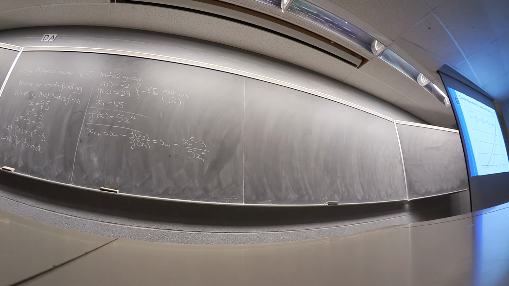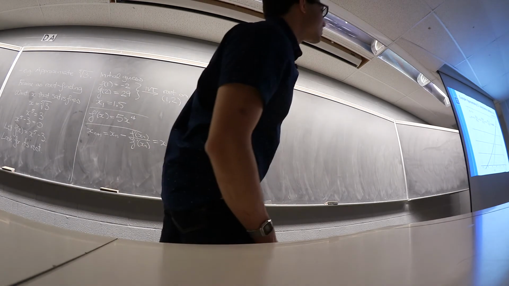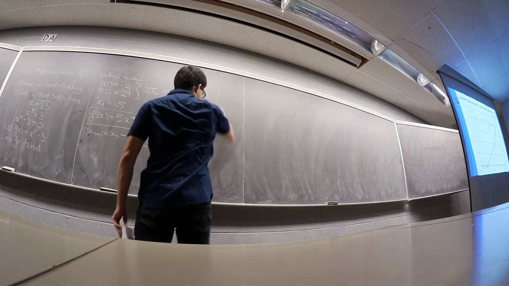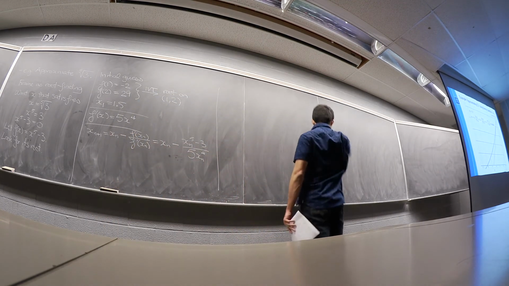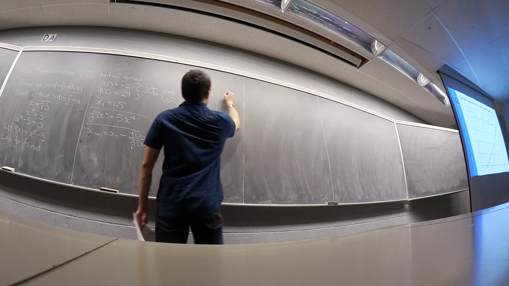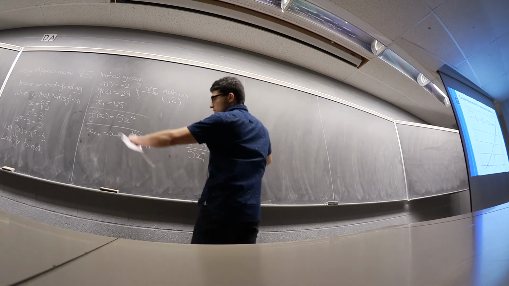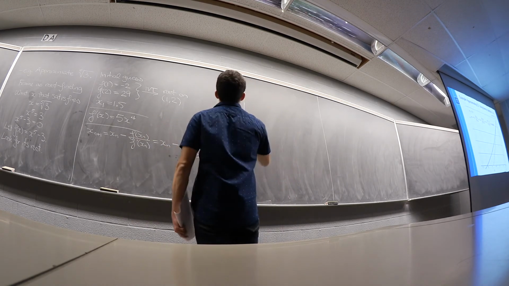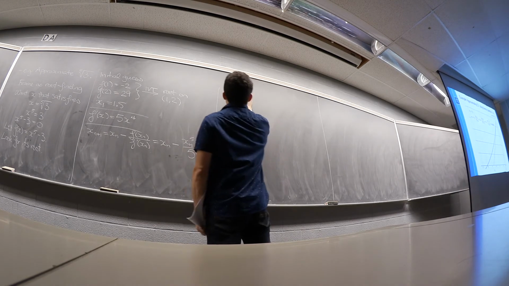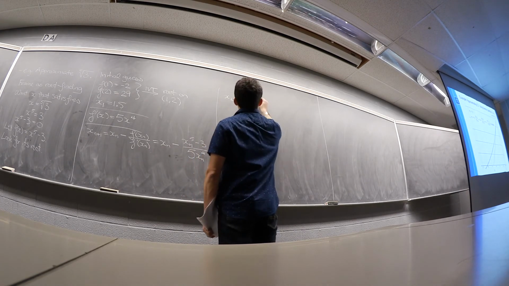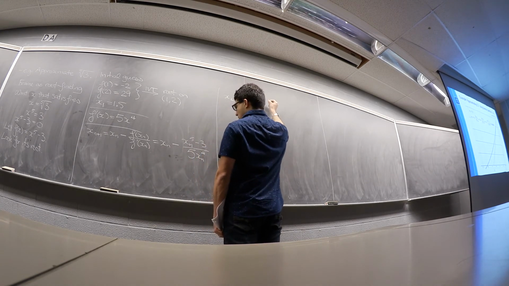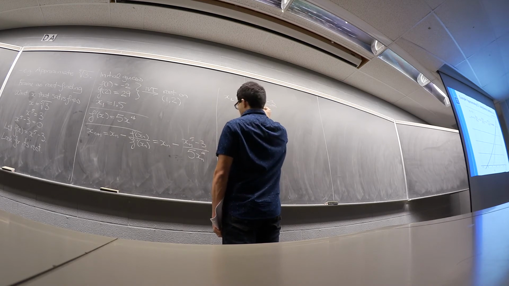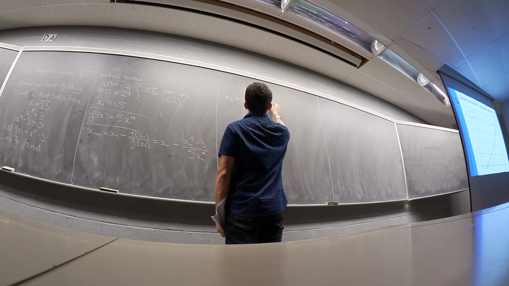I think I've written it in full there. We had our initial guess, and we want our next one. So our next approximation is given by x1 minus x1 to the 5 minus 3 over 5 x1 to the 4.